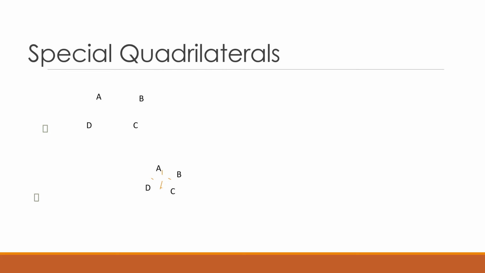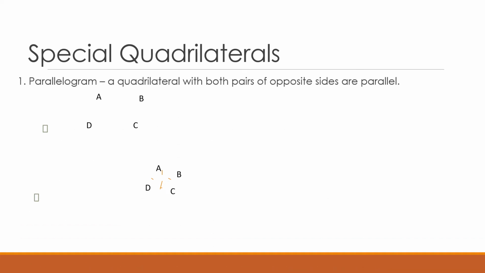Next. So we have special quadrilaterals. Number one, we have the parallelogram. A parallelogram is a quadrilateral with both pairs of opposite sides parallel. Okay, so for example, we have this parallelogram.